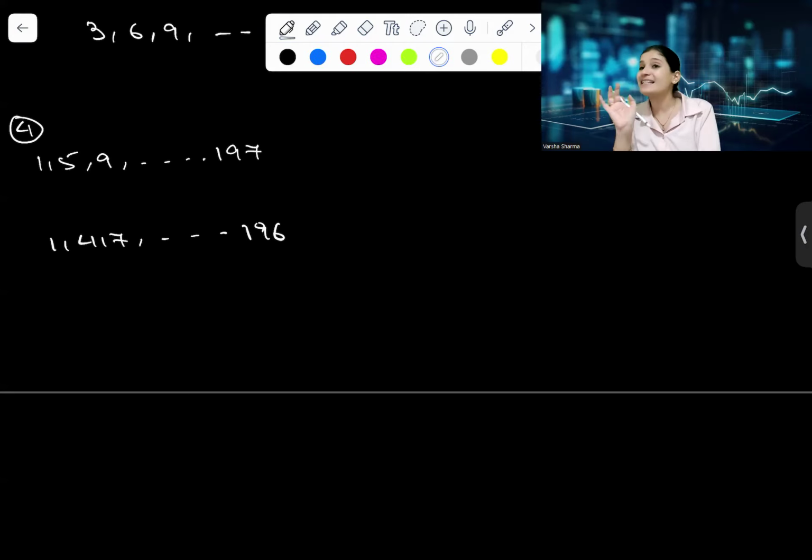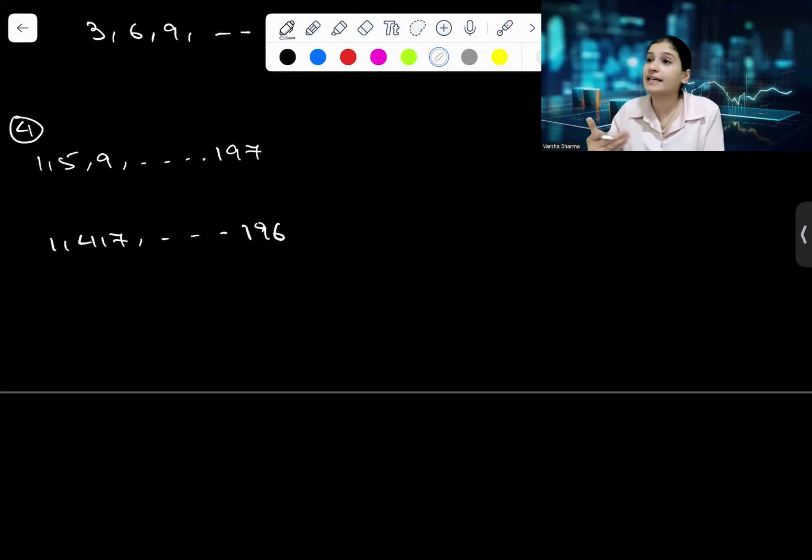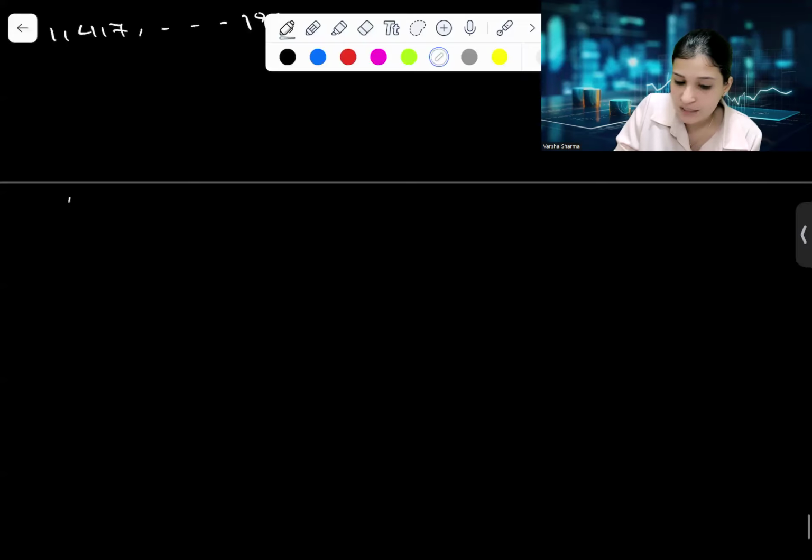But it's not necessary that their location is same. Which I mean is, maybe the fourth term of the first sequence is same as the seventh term of the second sequence. Maybe the seventh term of the first sequence is same as the 10th term of the second sequence. So location may be something else, but the numbers are repeated. Like we have in table of 3.